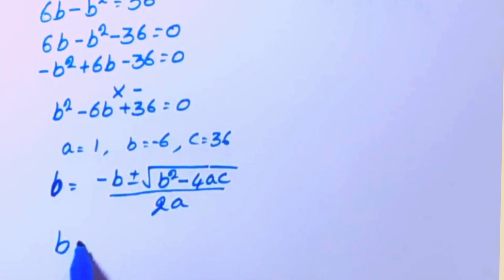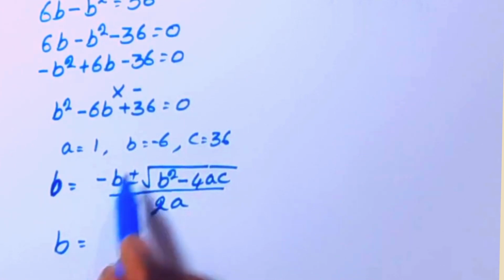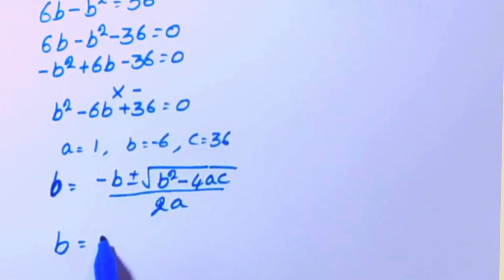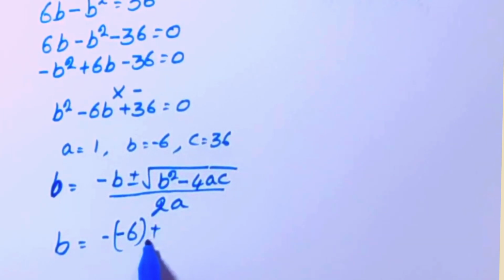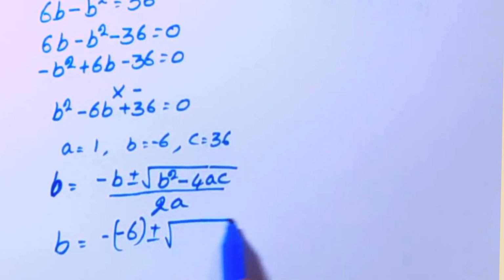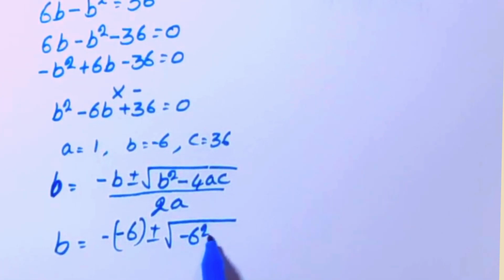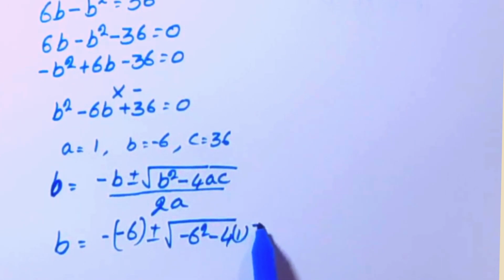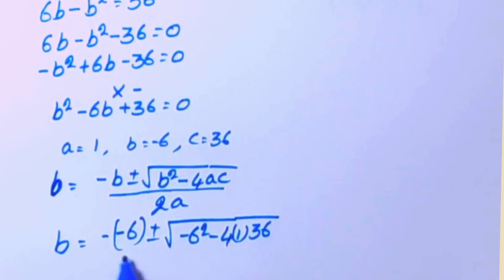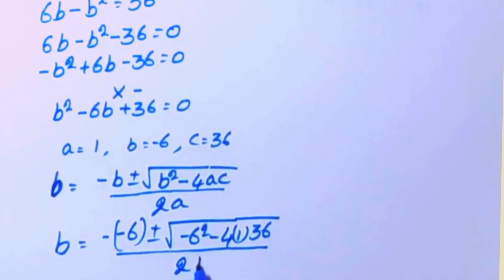Now b equal to minus into minus 6, that is minus into minus 6, plus or minus square root of minus 6 square minus 4 times 1 times 36, by 2 times 1.